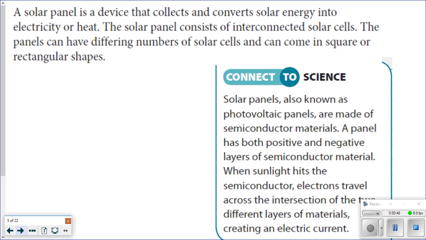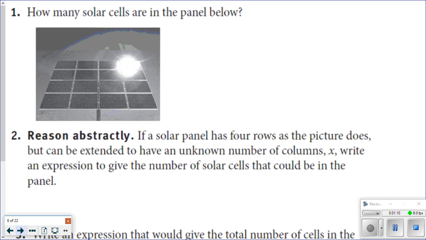All right, a solar panel is a device that collects and converts solar energy into electricity or heat. The solar panel consists of interconnected solar cells. The panels can have differing numbers of solar cells and can come in square or rectangular shapes. So some of you might have seen solar panels in real life.